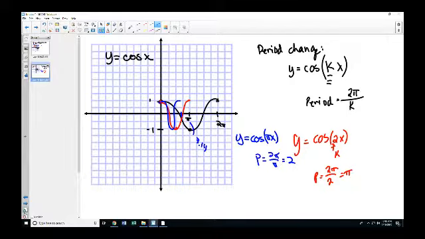Okay? That is a period change and thus a pitch or frequency change for your music purposes. Question. You want me to show you one where we combine the two?